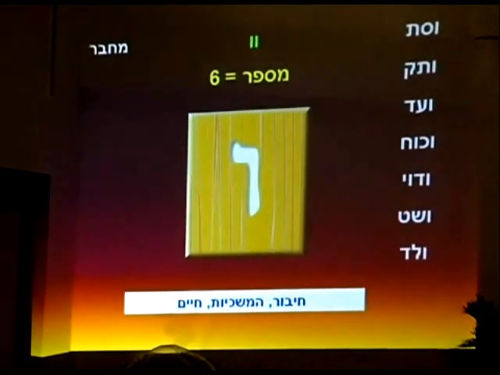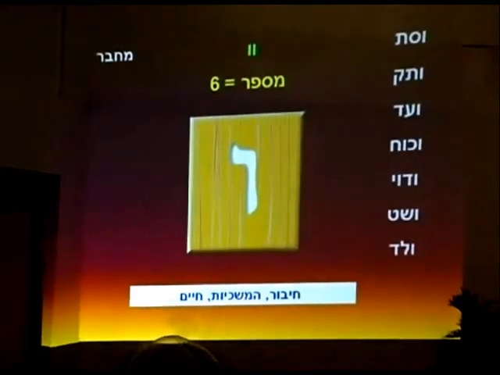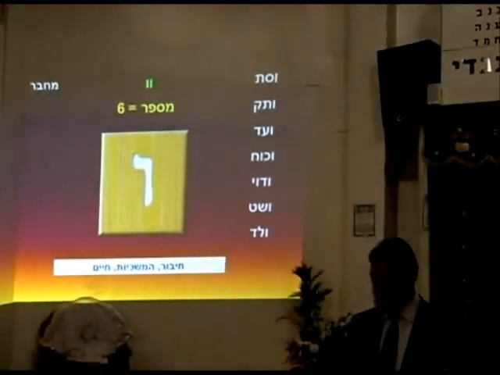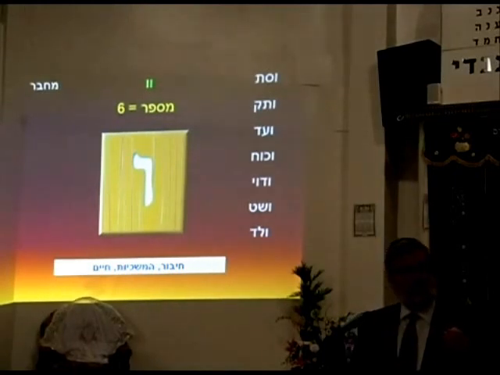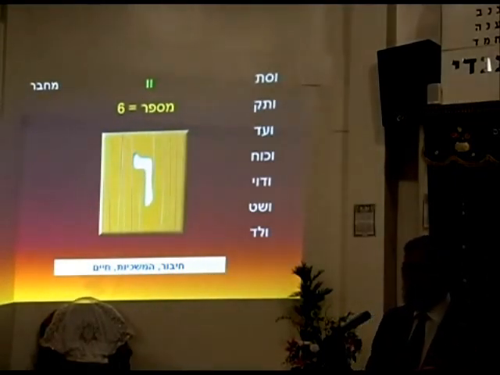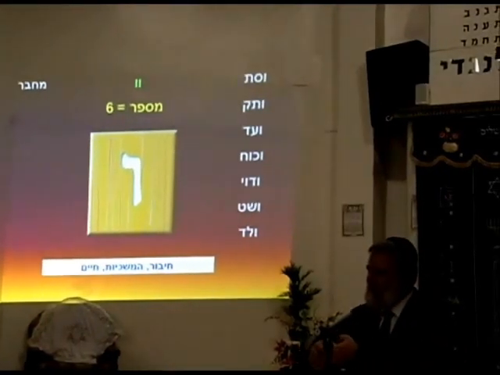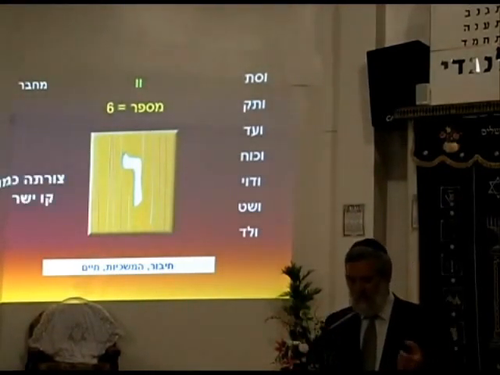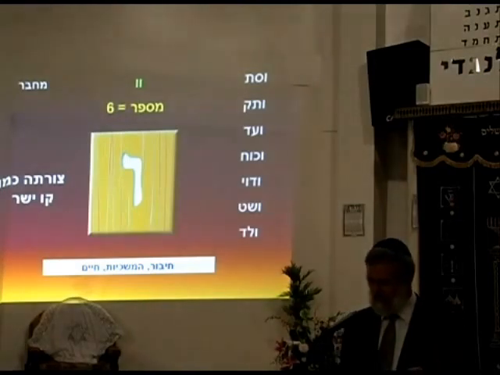There's some continuity in these words, something being continued, something being done for a while, like vidui, a confession, words being expressed. Veshet, which is the food pipe through which the food is going down. It's something long and connected. Vlad is a fetus which is connected to the mother's womb. So there's something in Vav that connects to something else. Its shape is like a straight line.